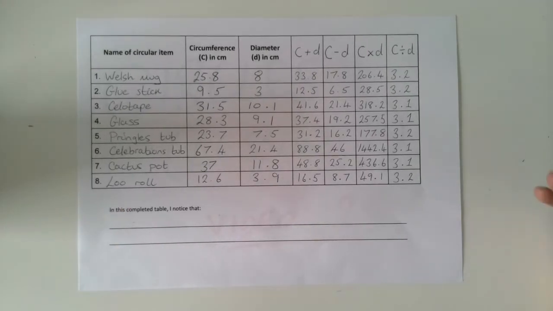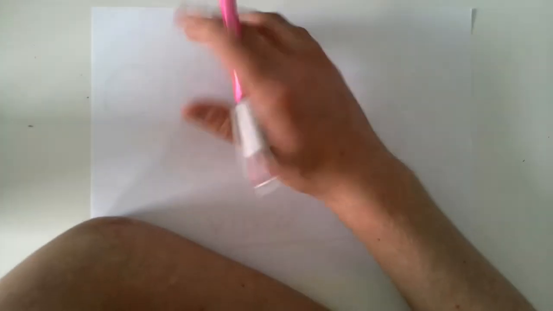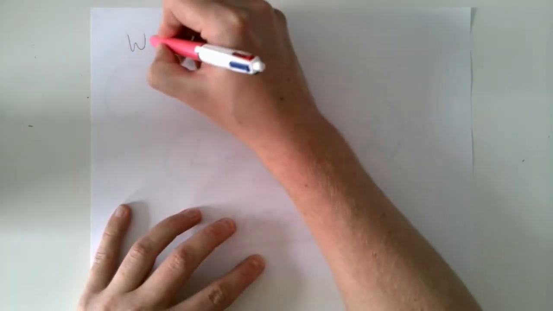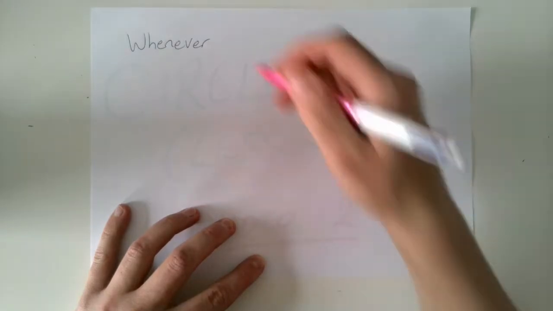Now I'm not going to ask you to do any more maths calculations today for this lesson, but I would like you to write down something interesting about when we divide the circumference by the diameter. If you'd like to copy this down, this would be great.